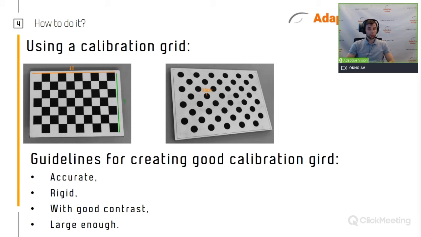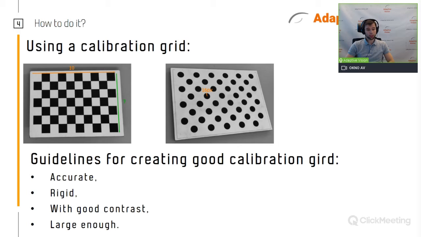For some applications, using a standard inkjet printer may be enough. However, we have to take into consideration that very often the scale along X and Y axis are not equal to each other. Another problem related to just a piece of paper is that it's not rigid.